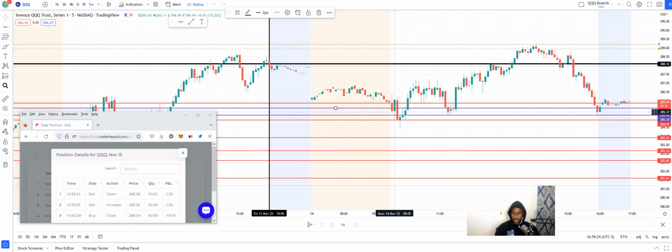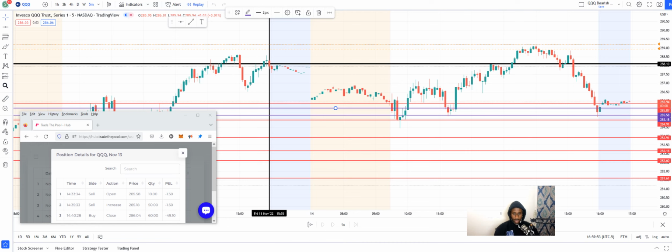This is 9:30, guys. Around 9:30, that's when the market opened. The thought process was the market had a huge gap down. I was expecting it to continue going down because of the negative sell pressure, but the market ended up going the other way, and that's what caused me to have a losing trade here.